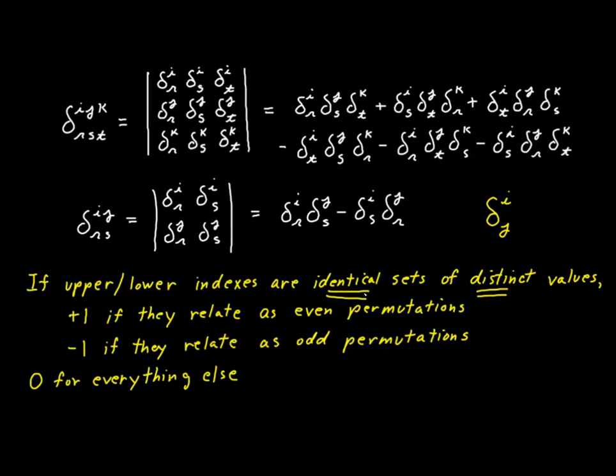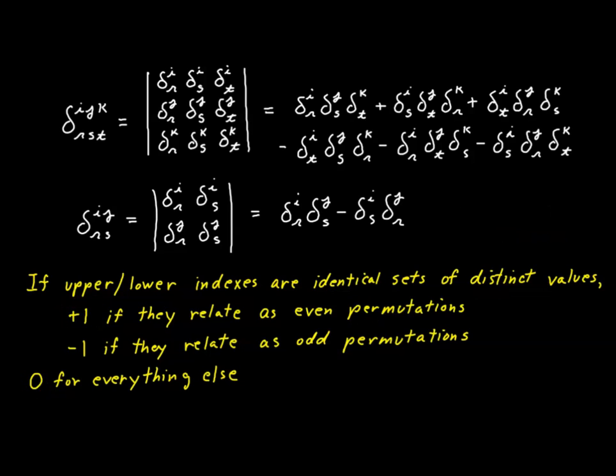But if they're identical, that means that i is the same as j. Then if they're related as an even permutation, well, they have to be because there's only one order. So delta 1, 1, I can't reorder either term. So it could be 1 if the two are equal, and it's 0 if it's anything else.